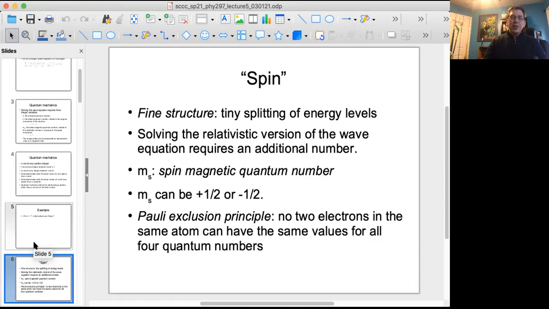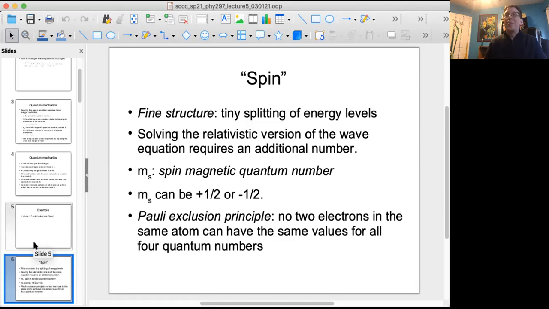So you have what's called fine structure, or the tiny splitting of energy levels. In order to solve the relativistic version of the wave equation, and this was done by Dirac, that's well too complex for this level of physics.